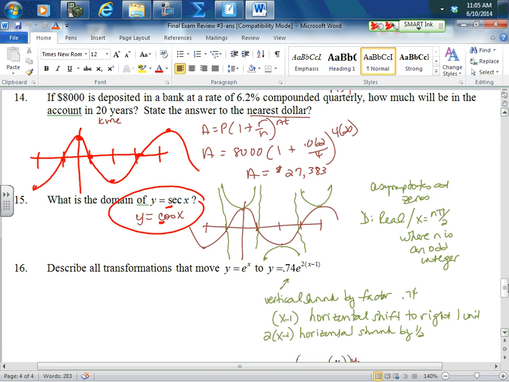My range said -1 to +1, right? Now, your secant goes off of those little hump things, if you will. But see where your asymptotes are: your zeros. If this is a 0, and I say 0 over 1, when I take its reciprocal, I have 1 over 0. Can't divide by 0, right? So at your zeros, there's your asymptotes. Start like that. Your secant curve goes off of these little humps there.